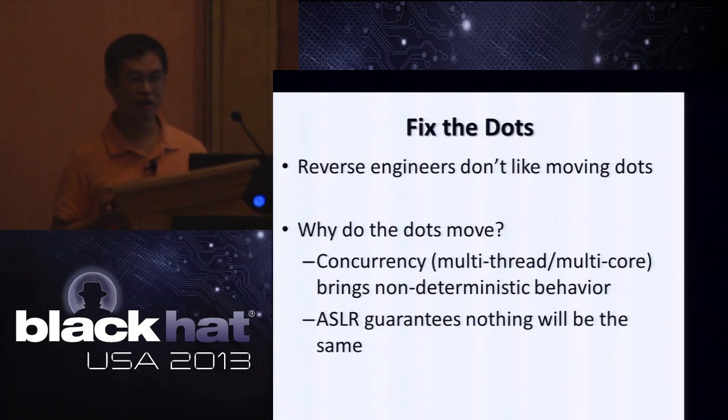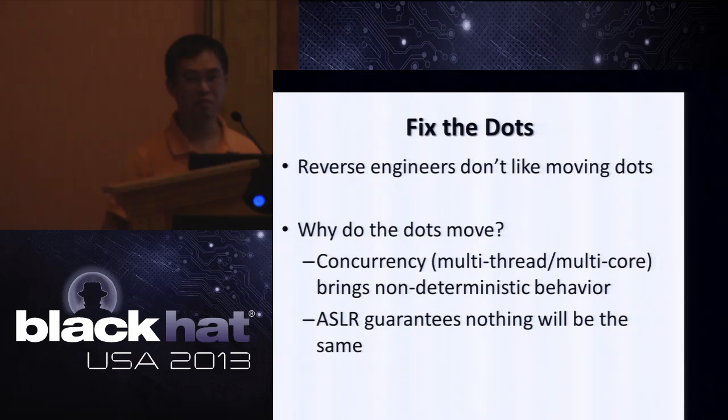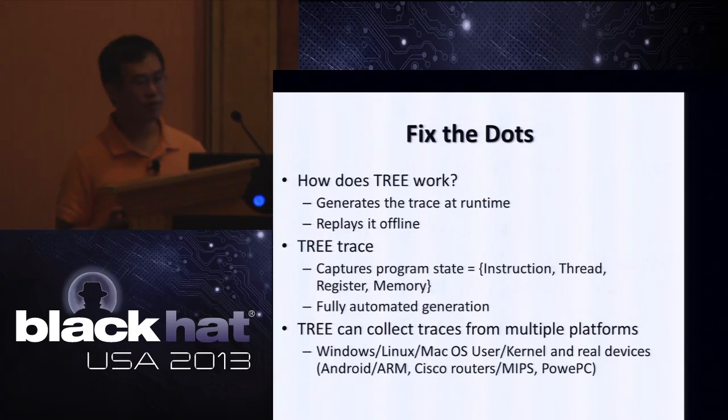Address space layout randomization is by design meant to make every run of the same program have different internal workings. Particularly with the fine-grained ASLR built into Windows 8, it almost guarantees nothing will be the same for two runs at different times.